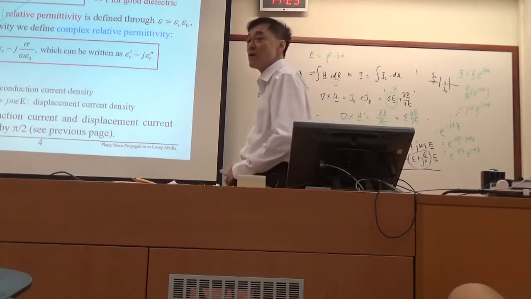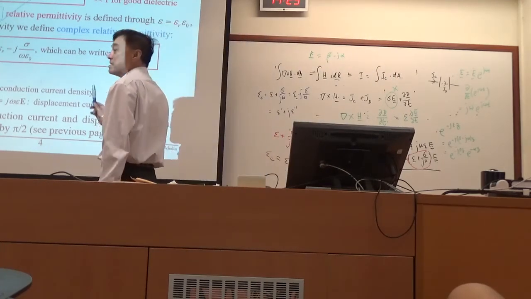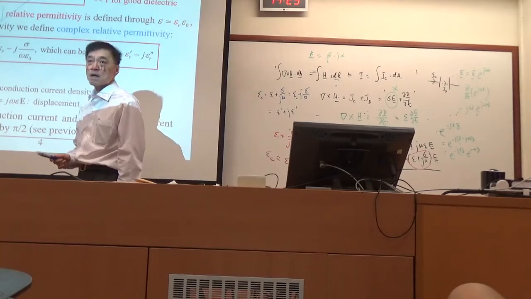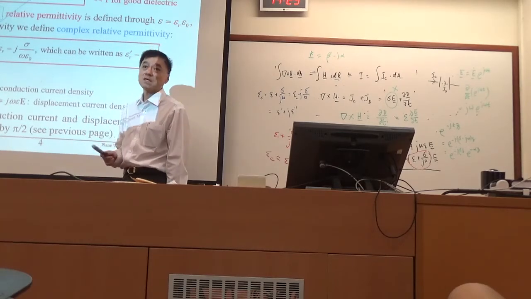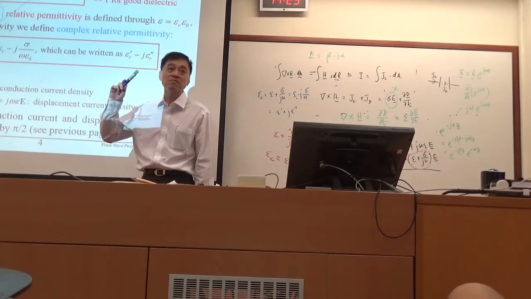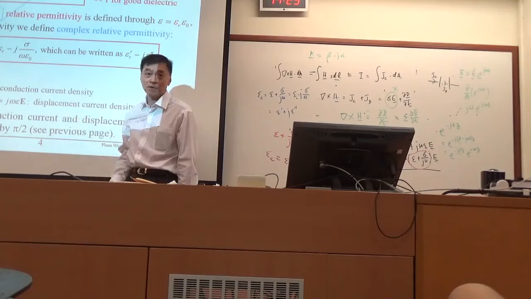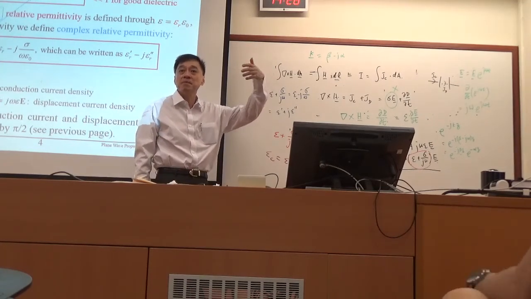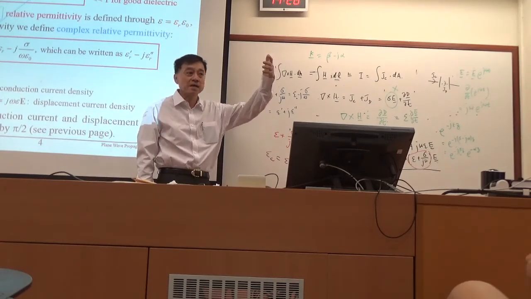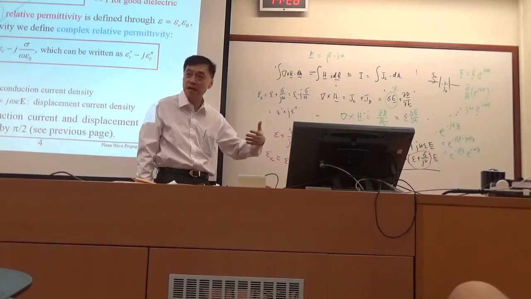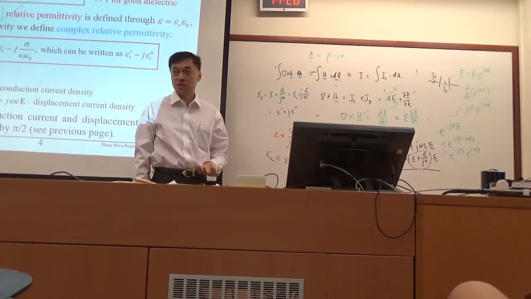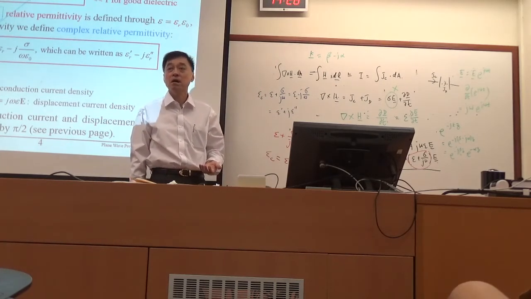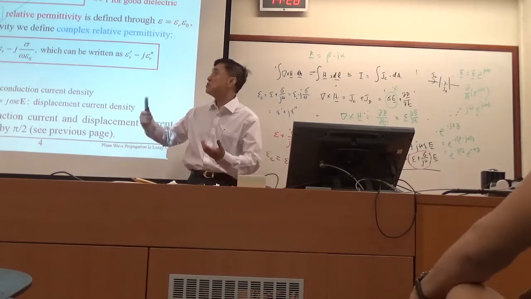But be careful, note carefully that for the same material, the loss tangent is a function of frequency, because of the omega. So at some frequency, a material may behave like a conductor. At another frequency, the material may behave like a dielectric.